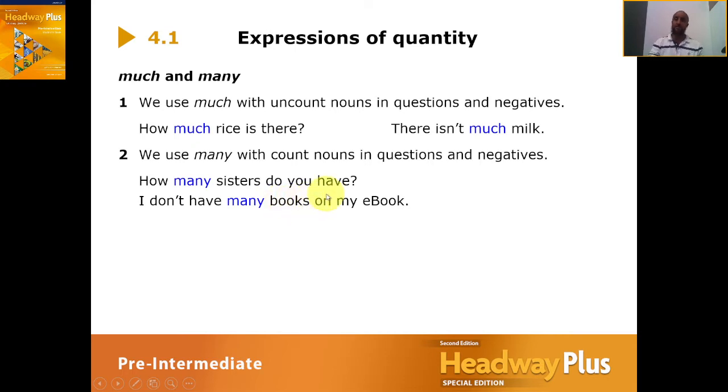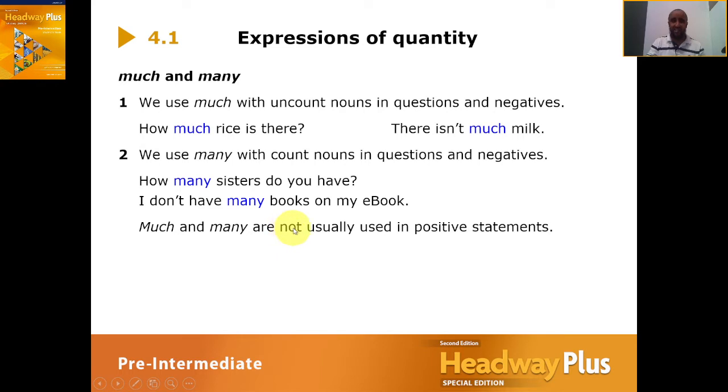Good. So usually much and many, we use quite commonly for questions and negatives. However, we can use them when we talk about positive things, but as we say in English, it's not usual. It's not something you would use regularly.